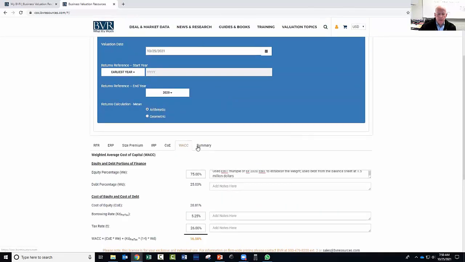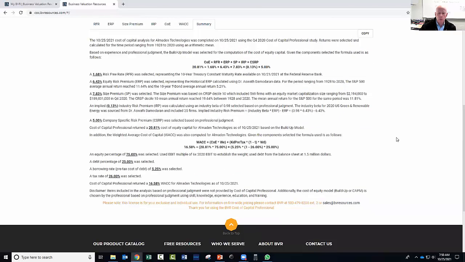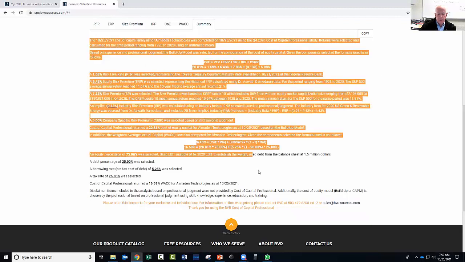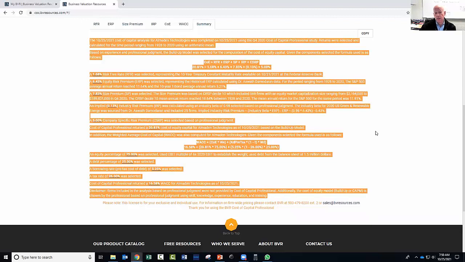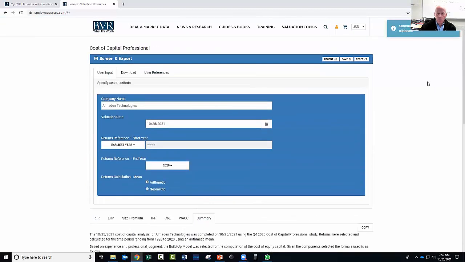The final item here is the summary. Literally the summary just puts this into a report for us. Notice that when it did so, it used some of the text that I put into that custom field. I can select, copy, and paste all of this, or I can click on copy and it'll do the same thing. Or I can download all of this.